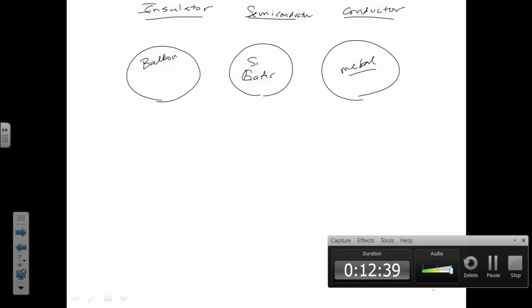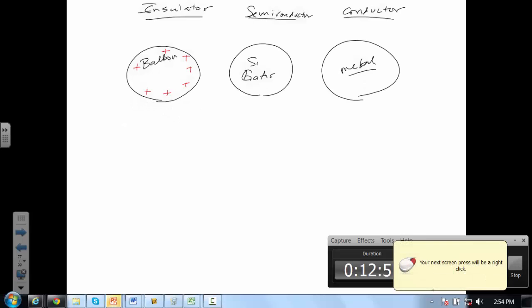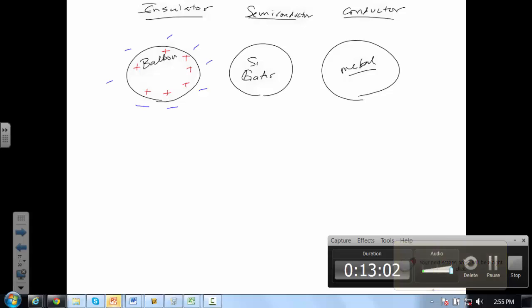So on a balloon, like in all these objects, maybe we have 6 charge units that are positive, and we would have maybe 6 that are negative. And it's the same for these other things.